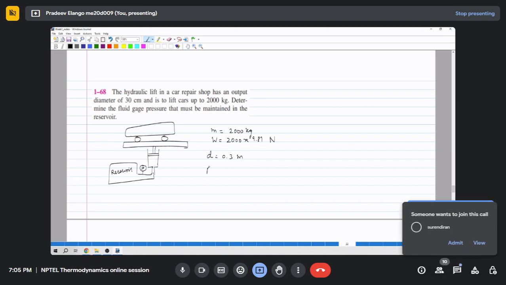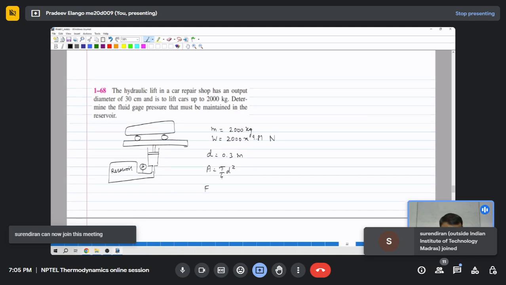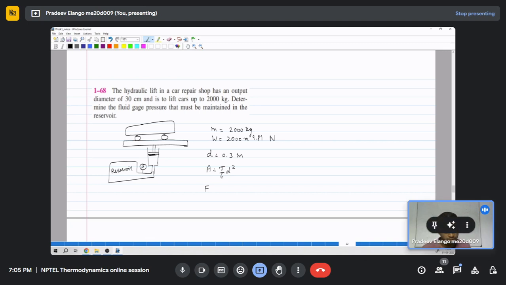With this we can calculate the area as pi by 4 d square. And the total force from the piston is pressure into area, right? And this should be equal to the weight of the vehicle.